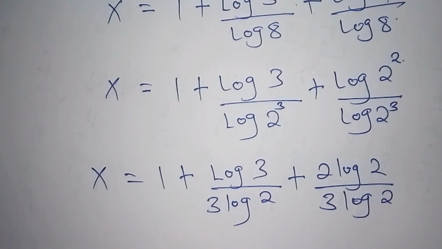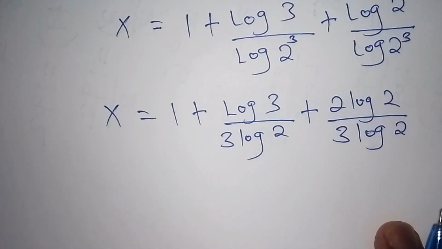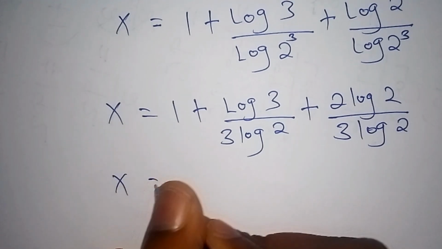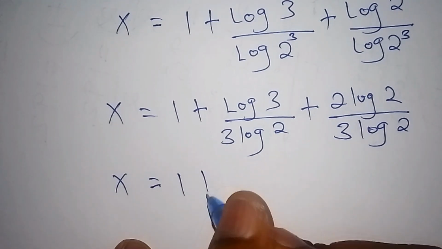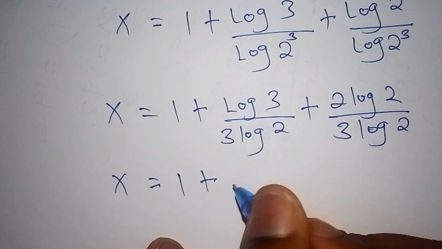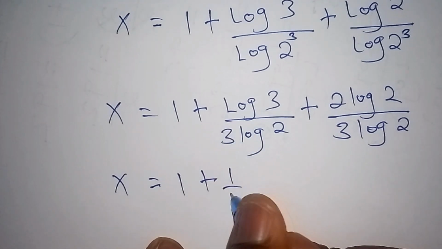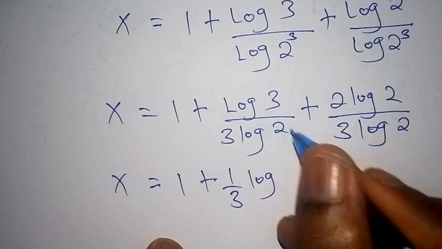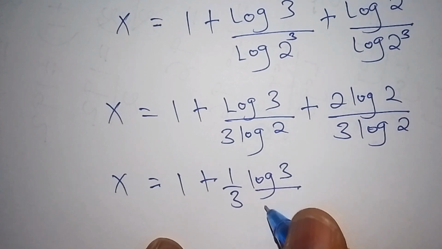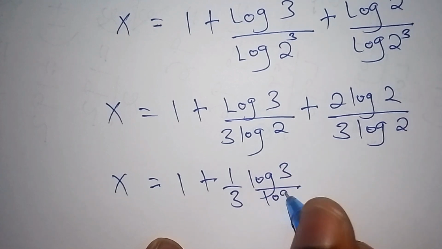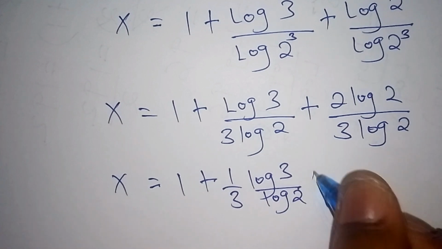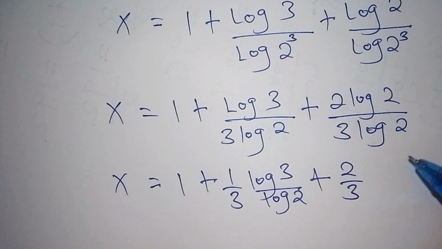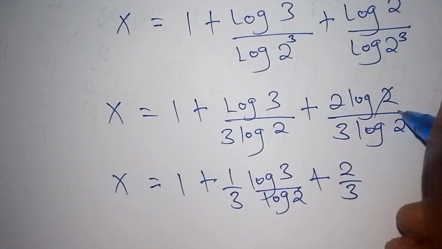So now we conclude that x is equal to 1 plus a third, 1 over 3 log 3, all over log 2. Then this shall be 2/3, that is 2 over 3. So the log 2 and the log 2 cancel.